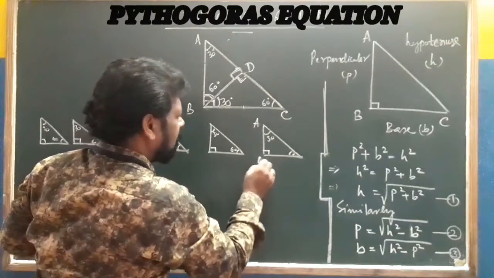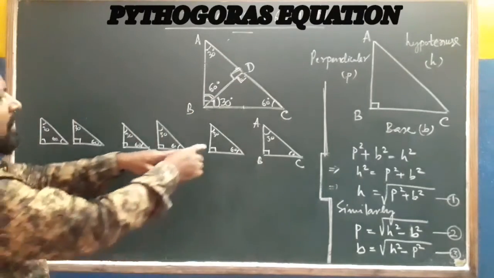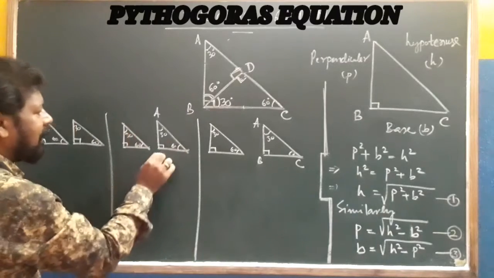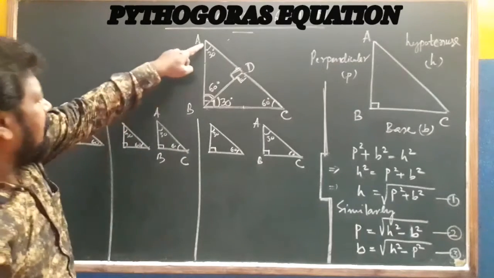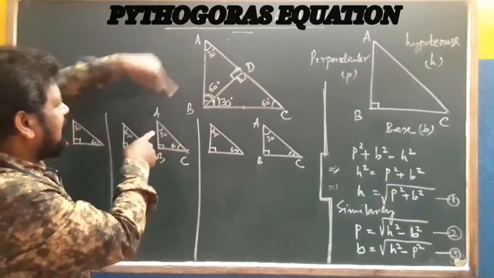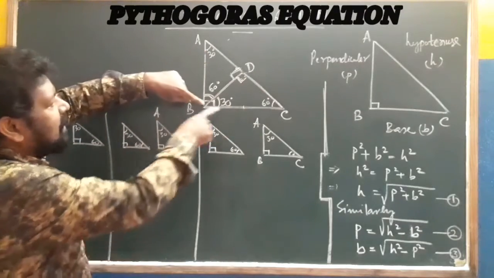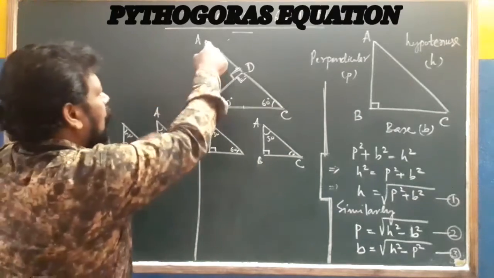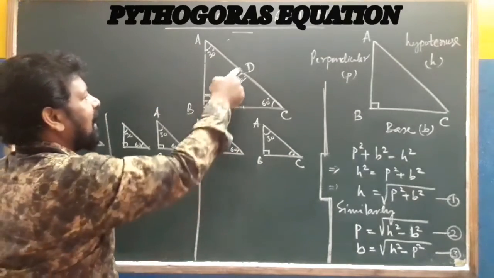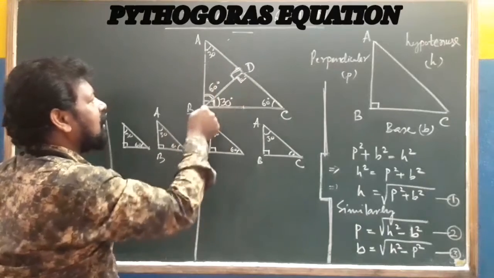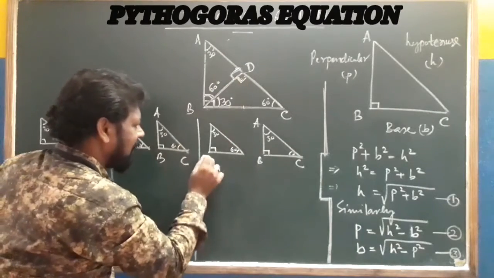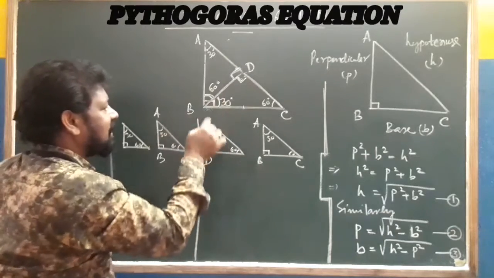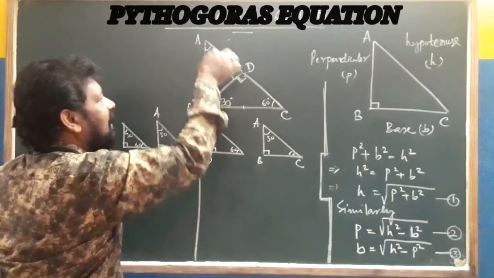This is ABC. In these two I will use again ABC, with A 30, B 90, C 60, A 30, B 90, C 60. And here I will draw triangle ADB. In triangle ADB, D is the 90 degree position. In triangle ADB, A is 30, so I put A 30, ADB.